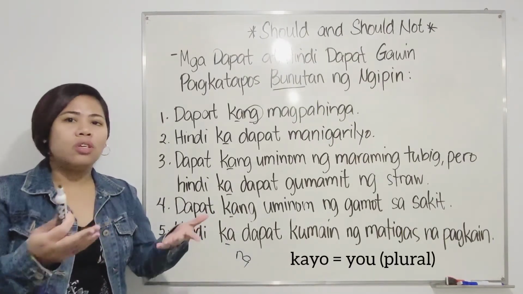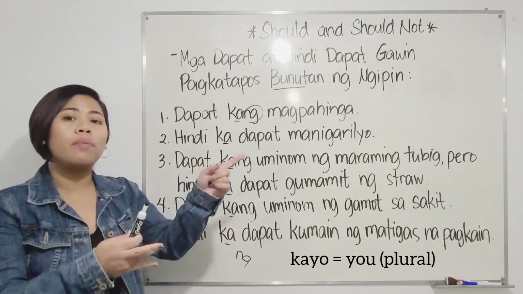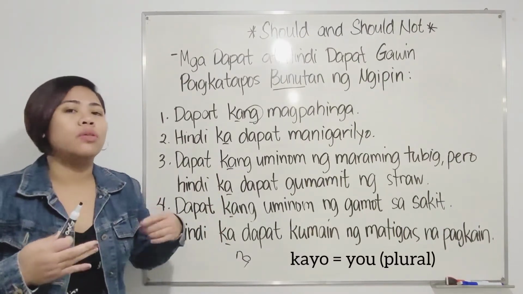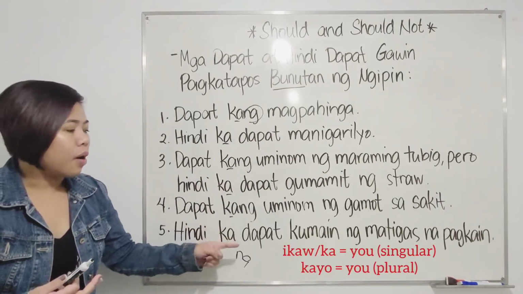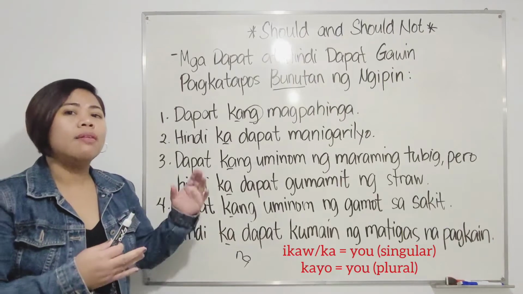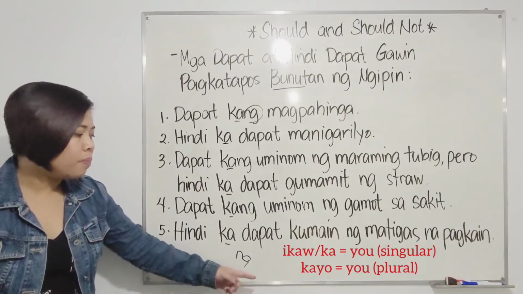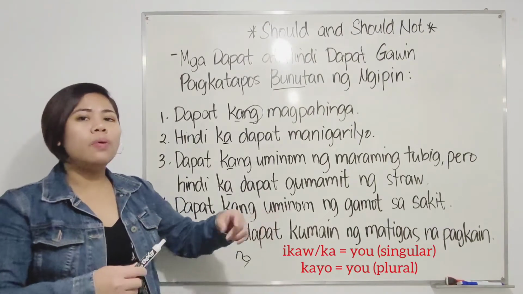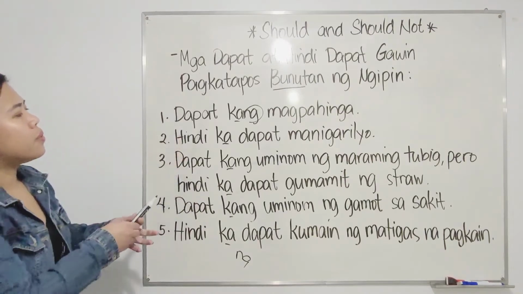But in English, you just use you. So you could mean singular, you're talking to one person, or plural, you're talking to a group of people. But for Tagalog, we use ikaw or ka if we mean you, singular, and we use kayo if we mean you as in plural you. Okay, so let's go back to this sentence.